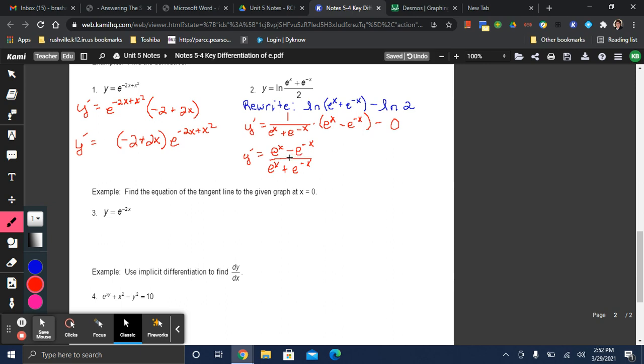Now this is tempting to cancel these e to the x's. You cannot, they're connected. However, often we do have some simplifying.